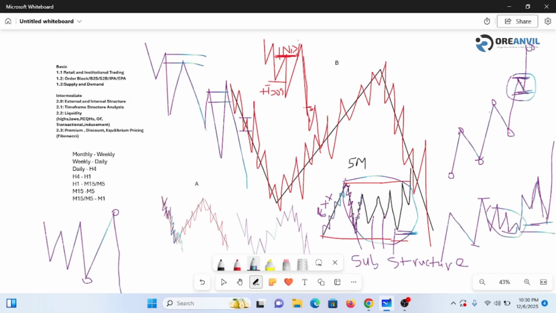So if I'm to pick a trade based on a substructure, I can sell from here, and I can buy from here. This is fake BOS inducement. There are chances that I would have seen a good trade here to sell, and a good trade here to buy.